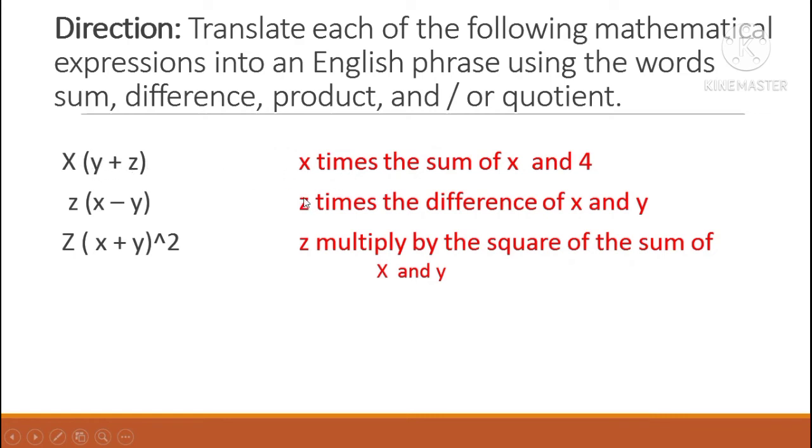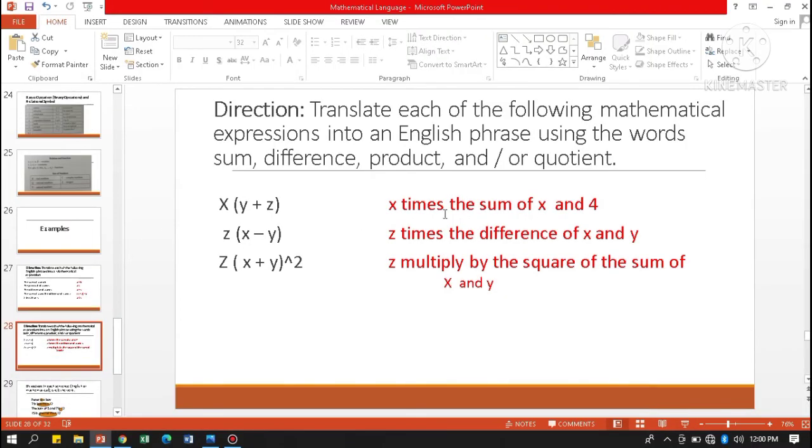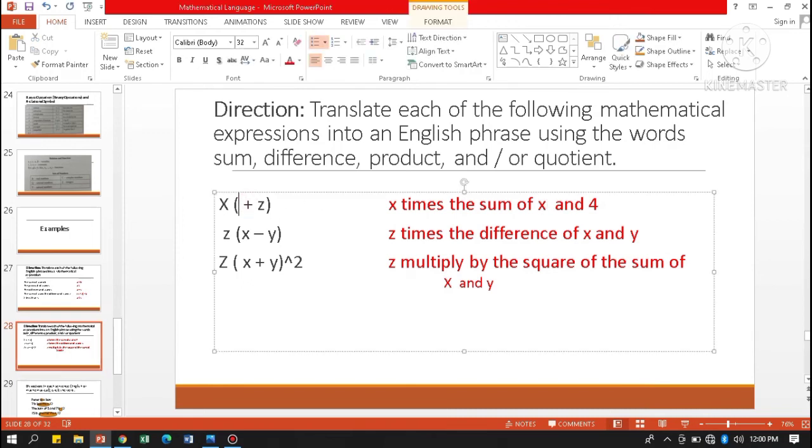So, why is it x plus 4? Let's just say that this one is x, and this is 2 and z. So, we have this one. Okay.